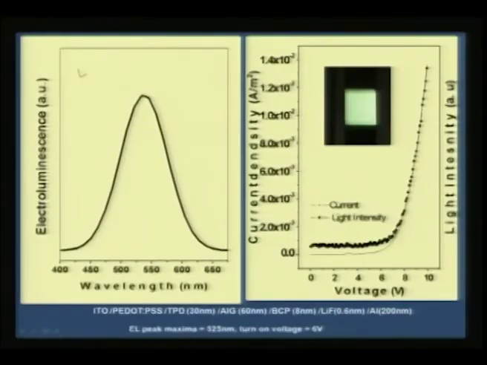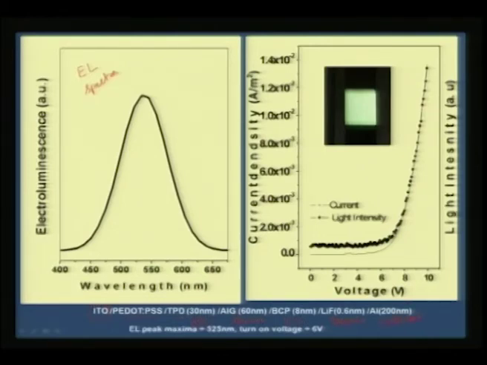Now, this is the electroluminescence data, the EL spectra, of a device which you can make with ITO as your anode, then PEDOT:PSS as the buffer layer, TPD as your hole transport layer, then the emissive layer, the electron transport layer, a barrier, and the cathode.